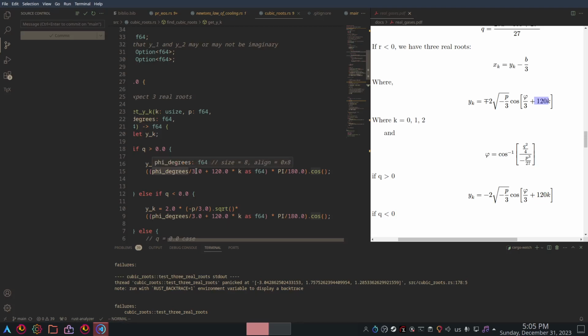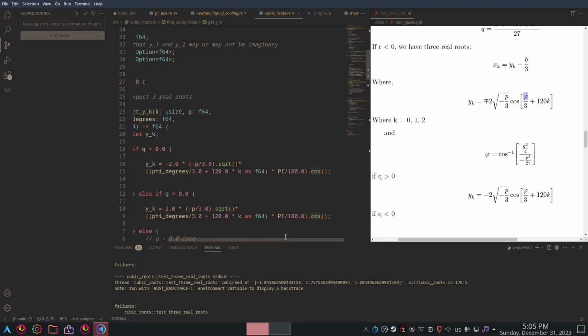So 5 degrees has to be converted to a radian value. I have to convert this whole angle, 5 by 3 plus 120k, to radians. Phi here is in degrees, excuse me. Then I needed to convert it to radians, and 120k also needs to be converted to radians.